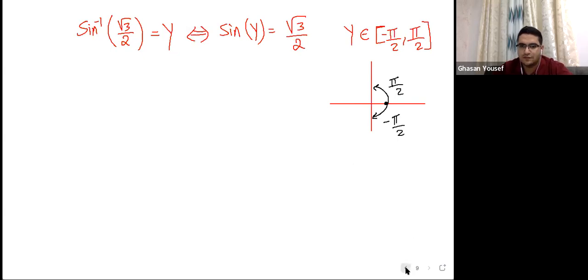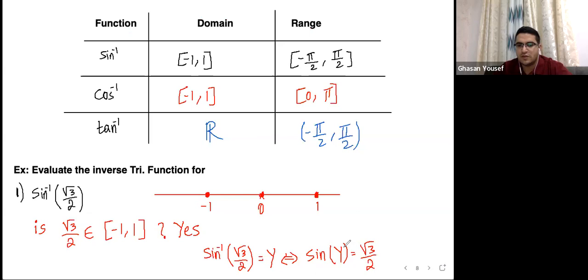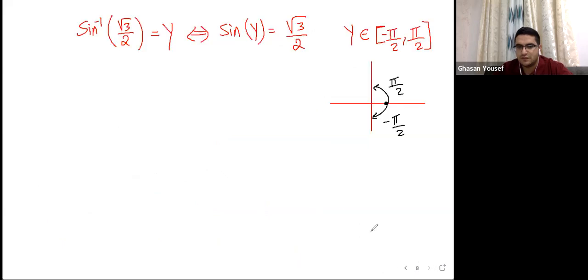Okay? So my question is, what is the value of y such that if I plug it inside the sine function, it will give me the square root of 3/2?